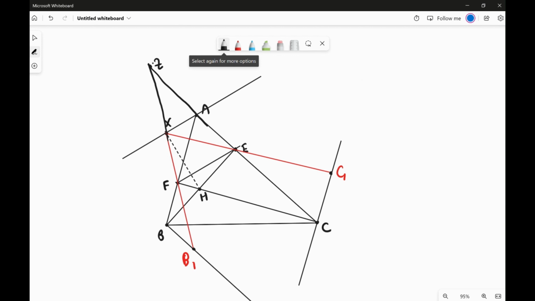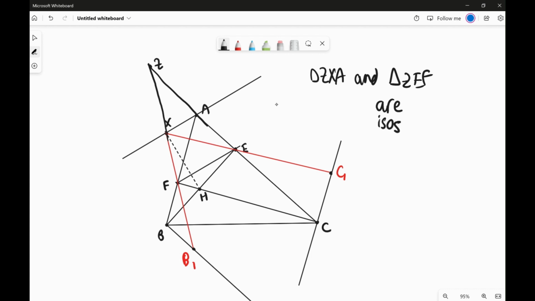We might notice that about this point Z, we have that triangle ZXA and triangle ZEF are isosceles. This is a really interesting fact, and this would really help us since if BB1Z is equal to AZX, it would help us relate in terms of these other angles here.